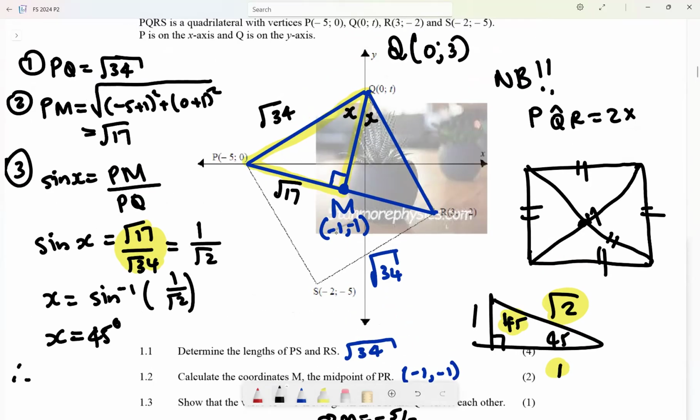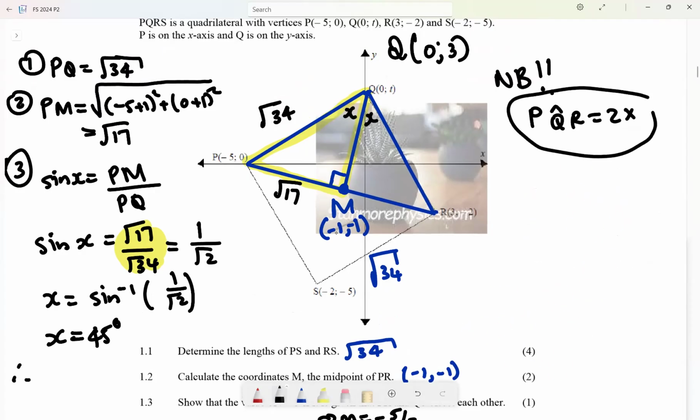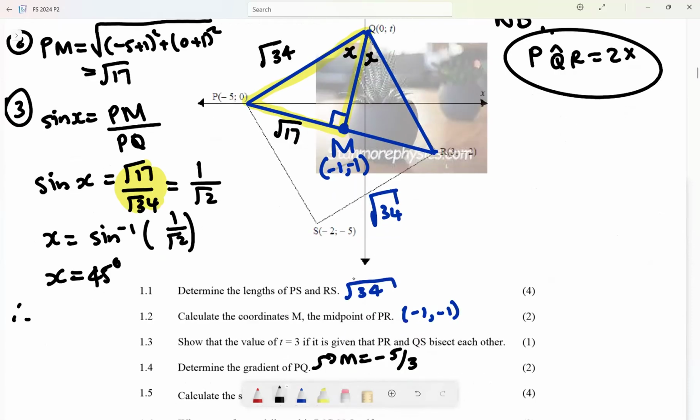But now, remember what I said. Let me remove all this mess. Remember, I said to you that angle PQR is twice x. So you can say angle PQR is equal to 90 degrees.